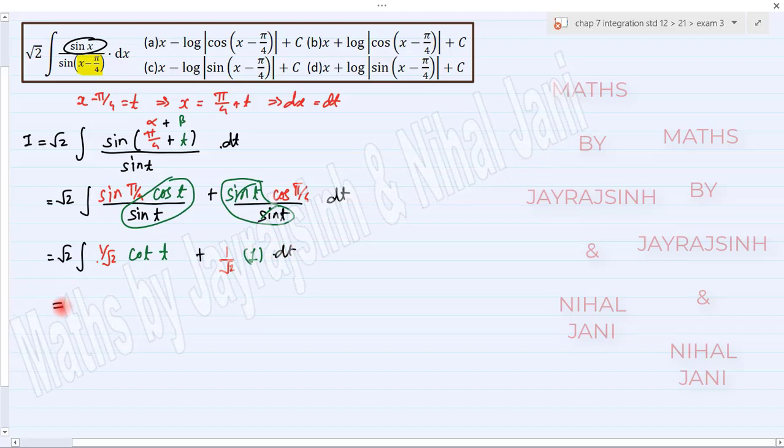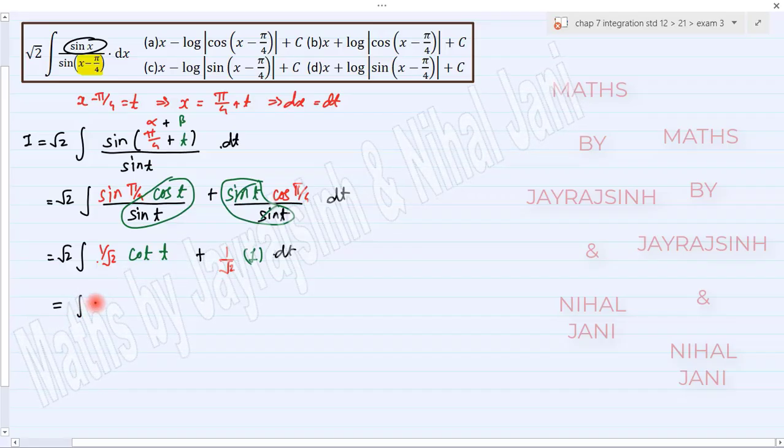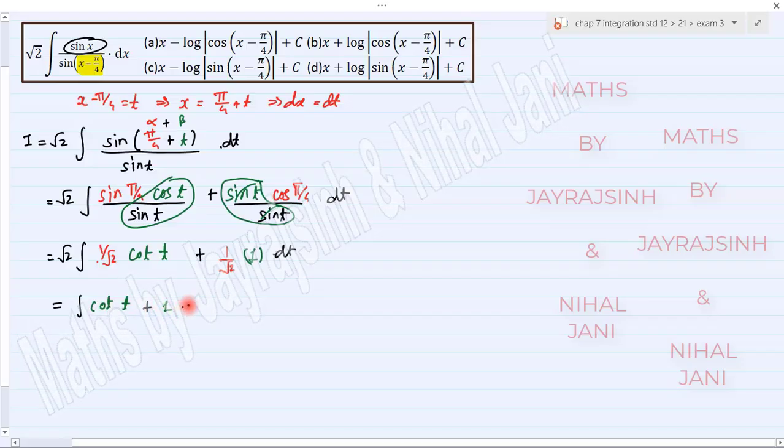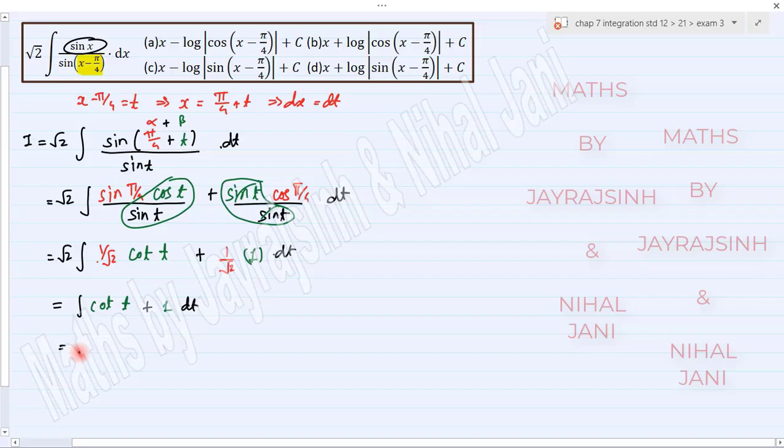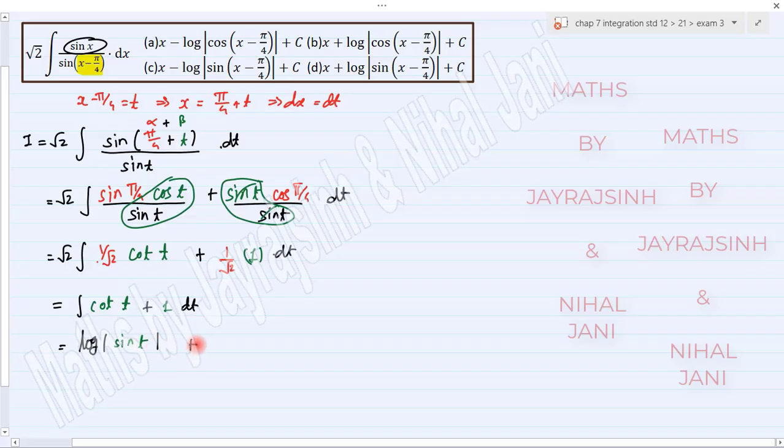So if we multiply 1 upon root 2, we will get integration of cot t plus 1. Integration of cot t is log mod sin t, plus integration of 1 will be t plus c.